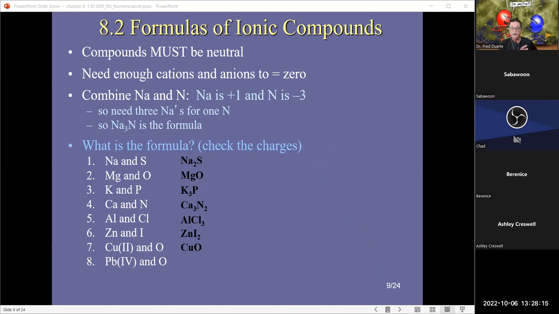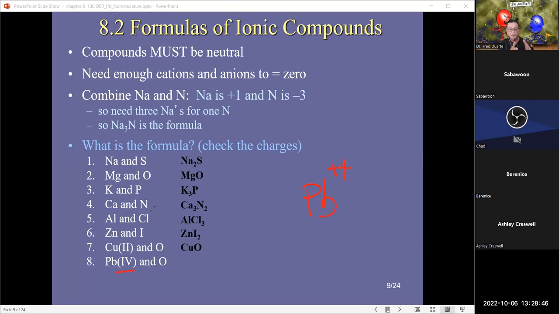Here we have lead, Roman numeral 4, okay? Lead, Pb, Roman numeral 4. That tells you that you're working with a +4 ion, okay? And now remember, this Roman numeral that you find here has nothing to do with the Roman numeral on the periodic table. Nothing to do at all. There's no relationship here.